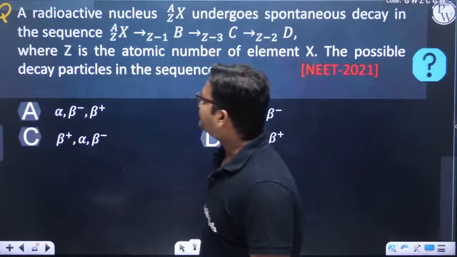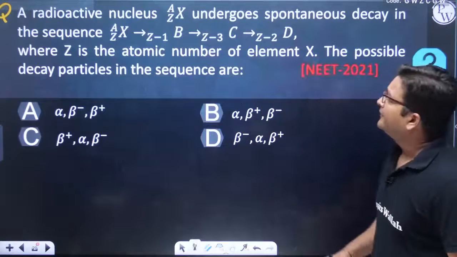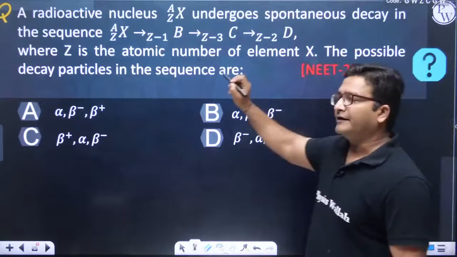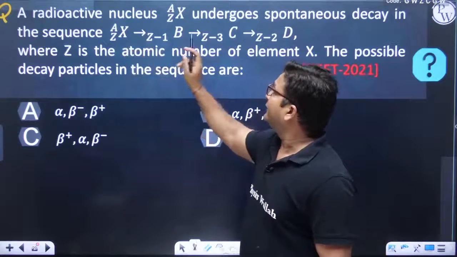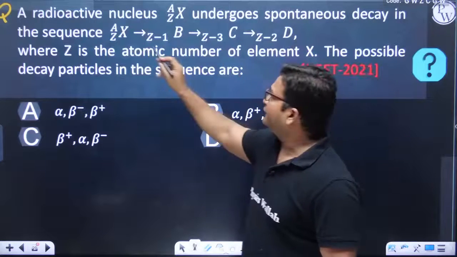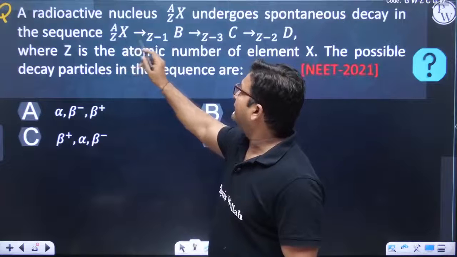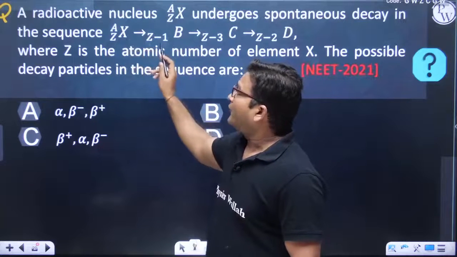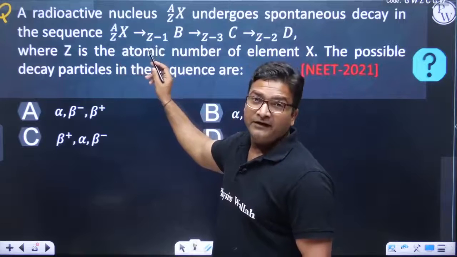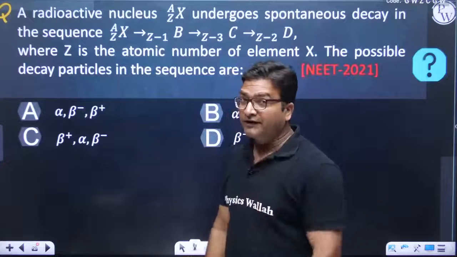Next. Here it says a radioactive nucleus undergoes the following decay. X is converted to B, B is converted to C, and C is converted to D. But if you see this, when X is converted to B, 1 proton is missing. And when 1 proton is missing, you know a beta positive decay occurs.